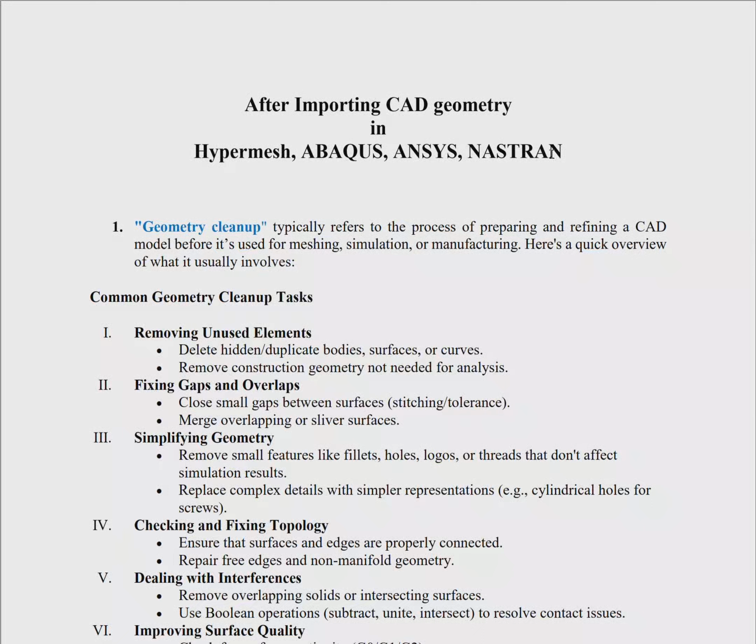If the geometry has an assembly, the assembly will be lost and it forms gaps also. Duplicate bodies will also form. Some of these things are not required after importing the geometry, so it will increase your task.